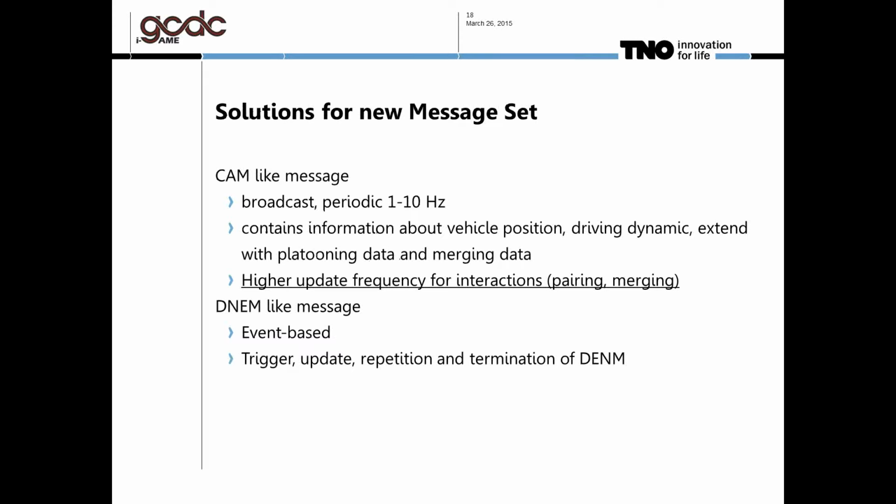If you look at solutions we can use to define the message sets for iGame, you can have a CAM-like message approach, which is from the ETSI standard. It's a broadcast message sent out with a frequency of 1 up to 10 Hertz, and it contains information about the vehicle dynamics, the positions, the speed, and we then have to extend that with platooning data and merging data.